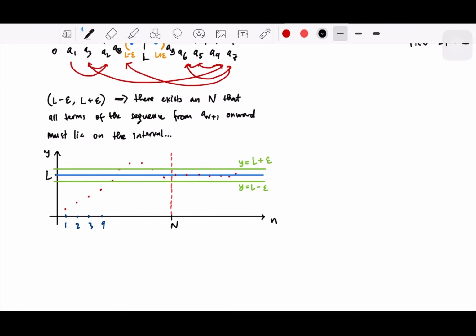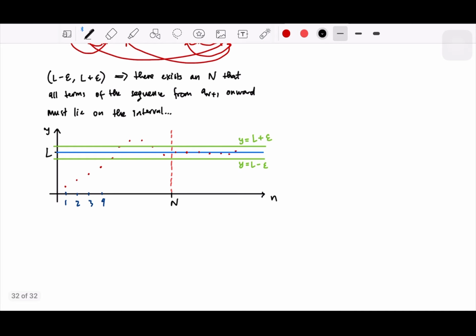Okay, we can also write another definition here.